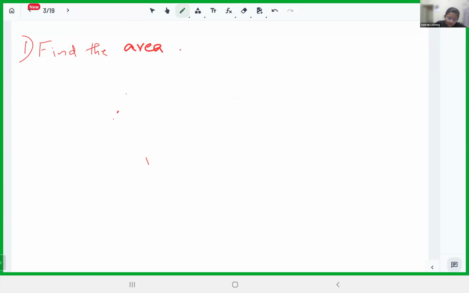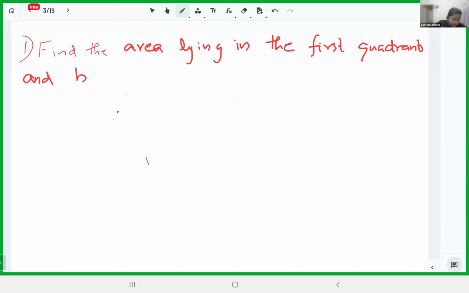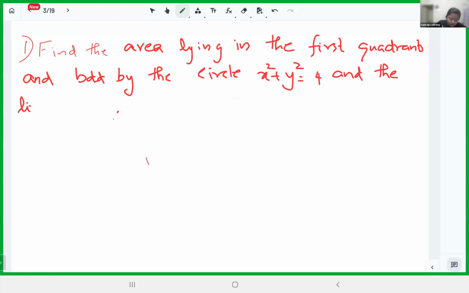Find the area lying in the first quadrant and bounded by the circle x square plus y square is equal to 4 and the lines x equal to 0 and x equal to 2.